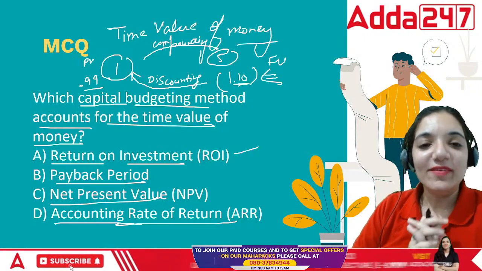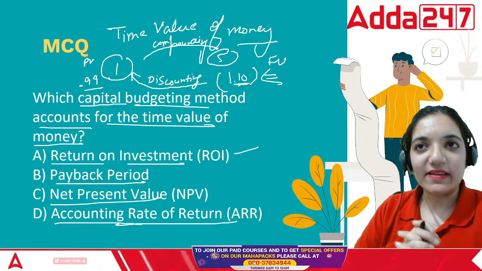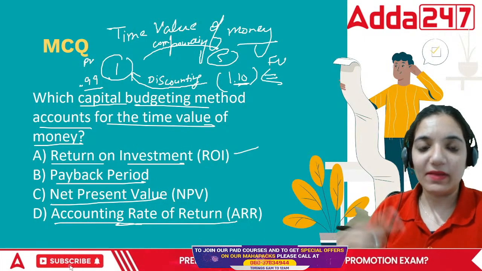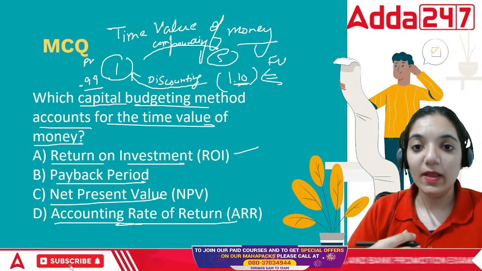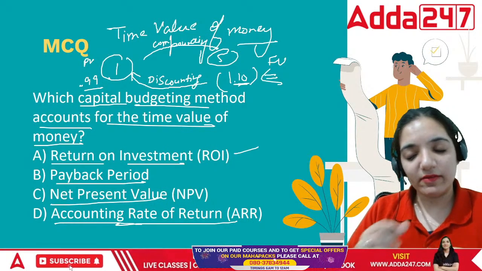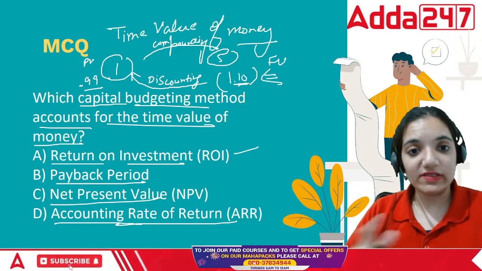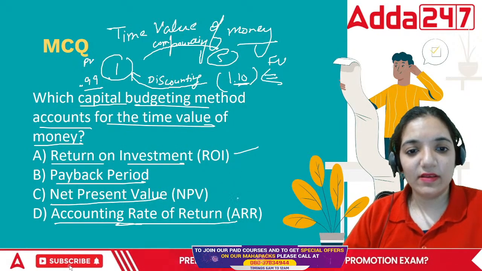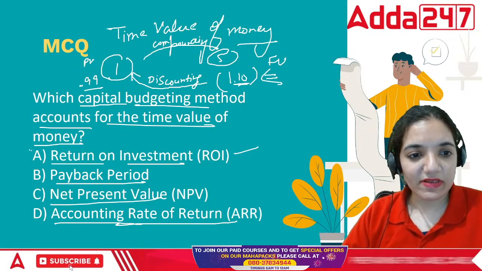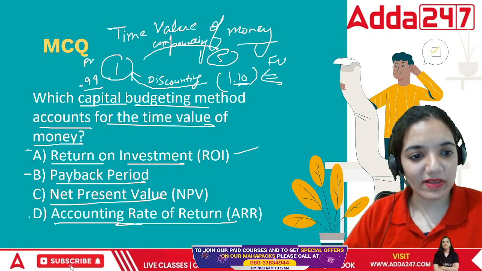Return on investment means the money that I receive back on my investments. Payback period means the period in which I can recover the money back. Net present value is a time value of money based thing.